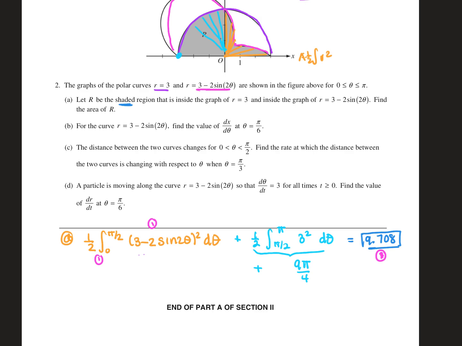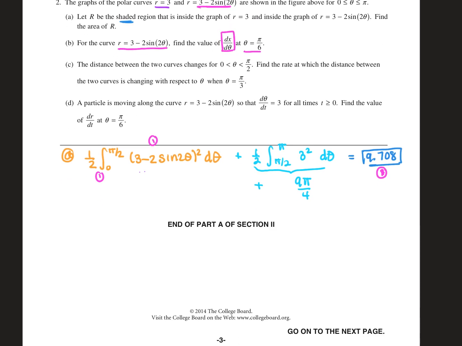Part B. For the curve r is equal to 3 minus 2 sine 2 theta, we want to find dx d theta at theta equals pi over 6. Well, the first thing we need to do is find out what exactly x is. Remember, x is r cosine theta.